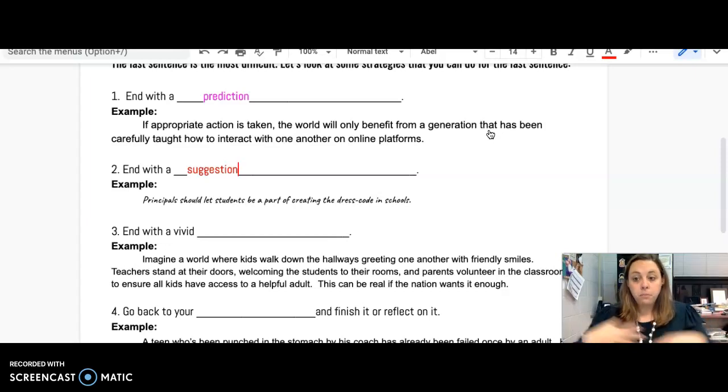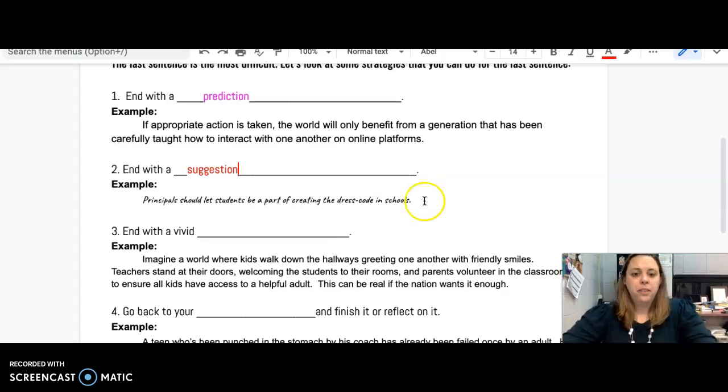So if I am doing my paragraph on insomnia, maybe I would end with a suggestion to teenagers about how they can improve their sleep. So maybe I would say something like, before you go to sleep tonight, consider putting down that phone. And the next time you pick it up, take another consideration of how you want that to affect you. It's not great, but I might reword that.